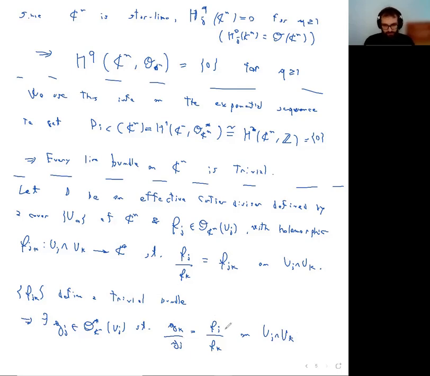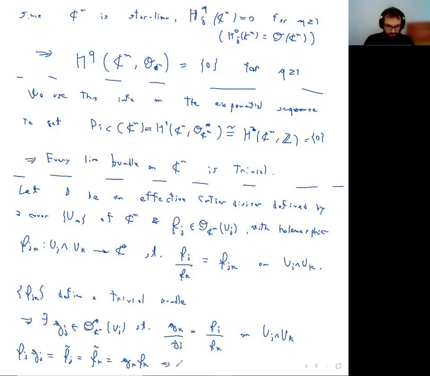But now we can move gj to this side and fk to this side, and we get that fj gj, which we'll just name fj tilde, is equal to fk tilde, which is nothing but, of course, gk fk. And in particular, the zero set of fj tilde is the same as the zero set of fj, simply because gj is never zero.